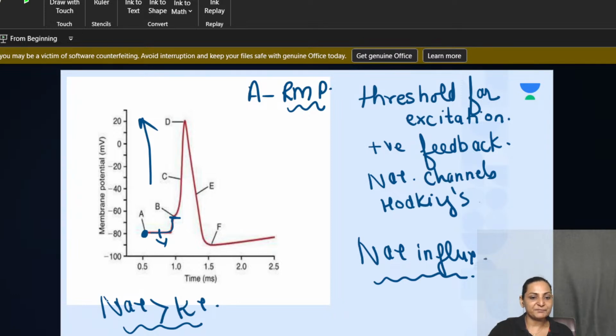Therefore the sodium influx will be more, and that is going to contribute to our depolarization, or the upstroke.